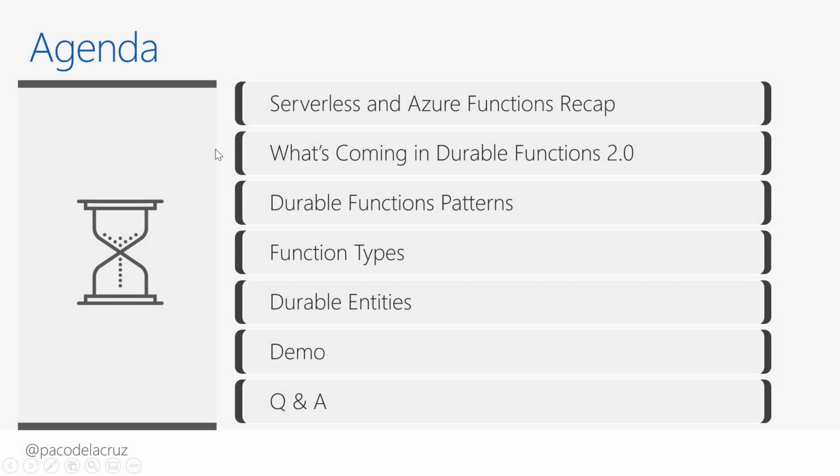So the agenda for tonight, first we're going to have a brief recap of what serverless and Azure Functions are, then what's coming on Durable Functions 2.0. Then we're going to discuss the different patterns we can implement on Durable Functions, then different types of functions we can implement with this framework.